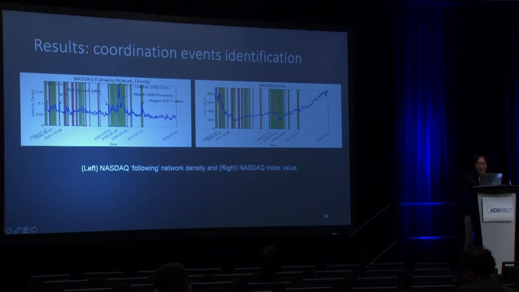And on the left-hand side, our result of network density also has pretty high network density in this period, because the majority of companies in the stock market just coordinated to fall down. So that's why our framework can detect the coordination and has pretty high network density here.